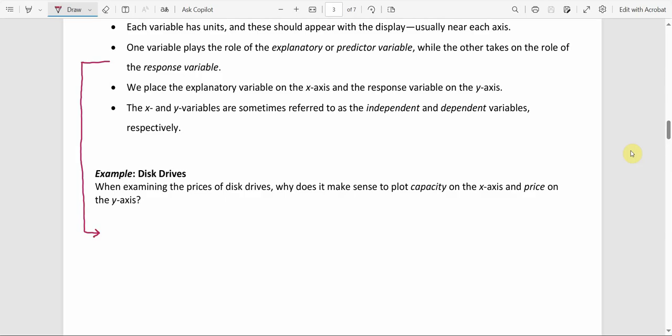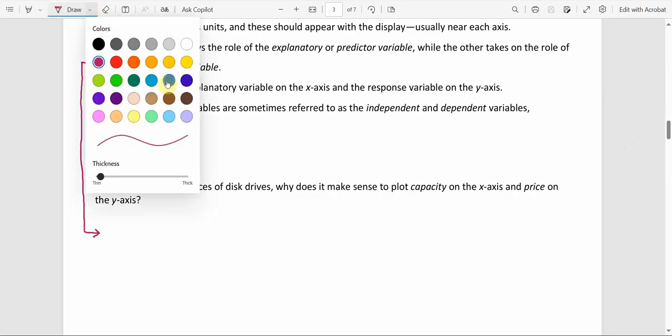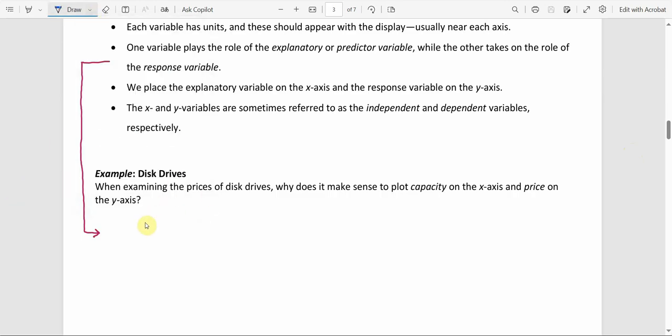Right? Not that if price goes up, that would make the capacity go up. That's not going to be the way that this works. It's going to be if the capacity goes up, it makes the price go up. So that's why we would set it up this way. So we'll say that if there is a cause and effect relationship here, which it seems like there should be, but I'm going to write this as though we're hedging our bets slightly.